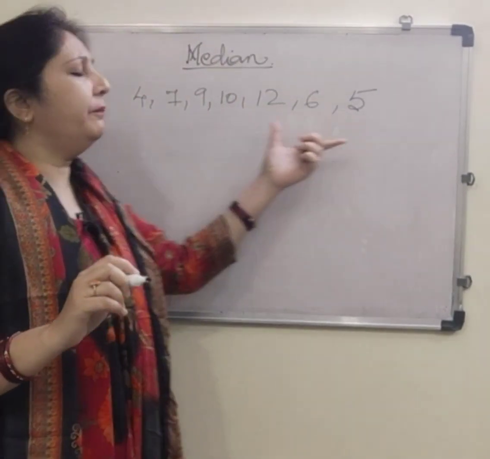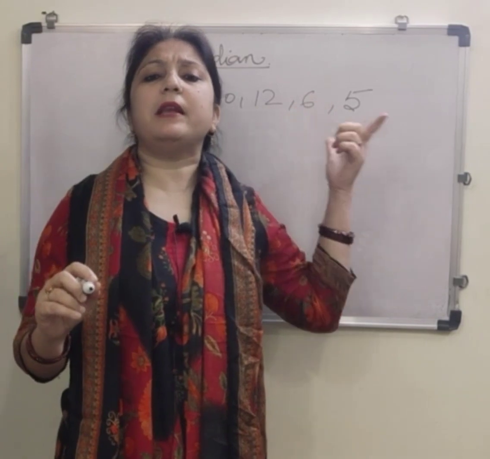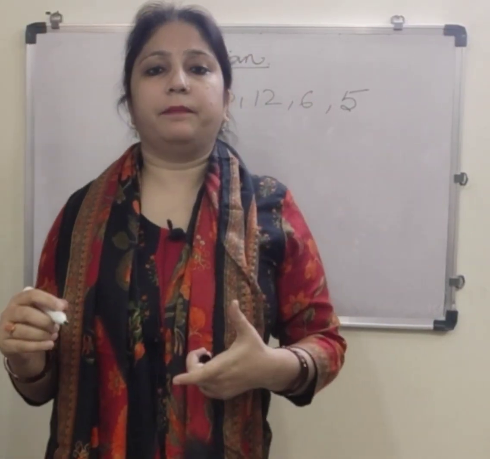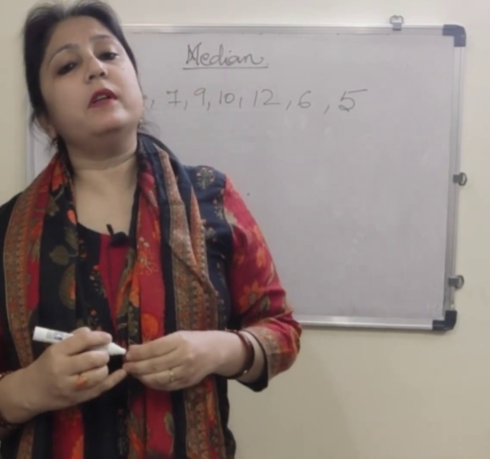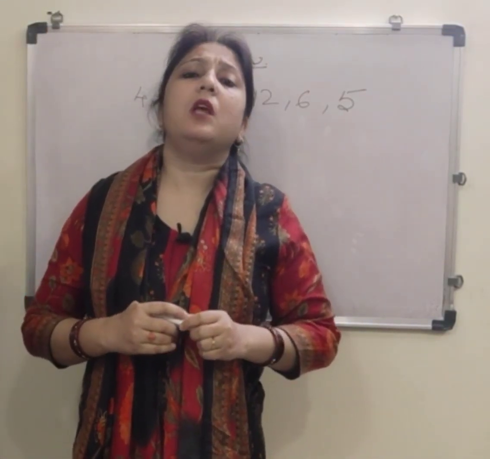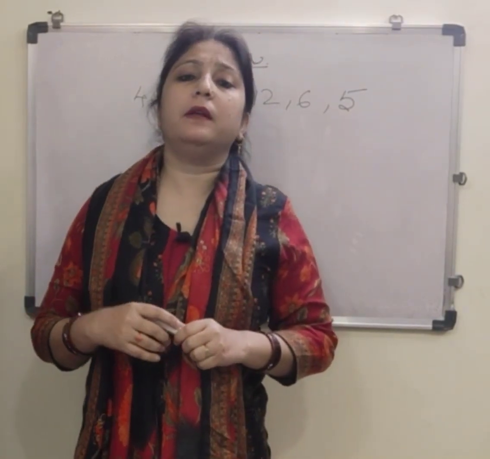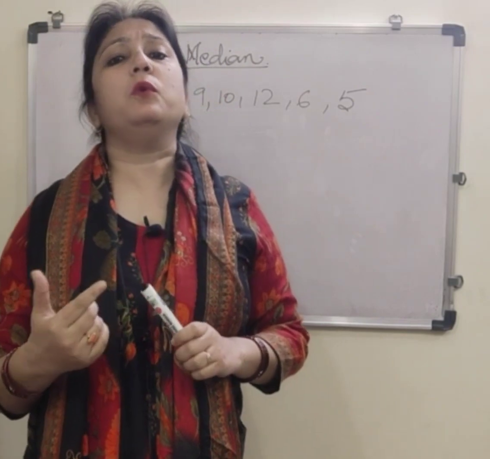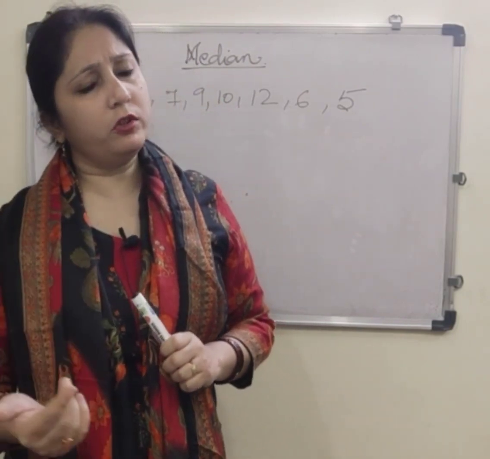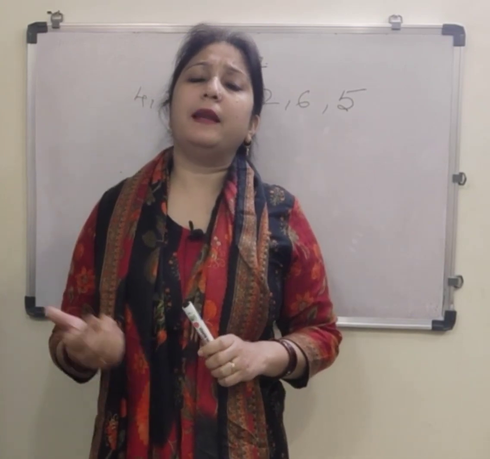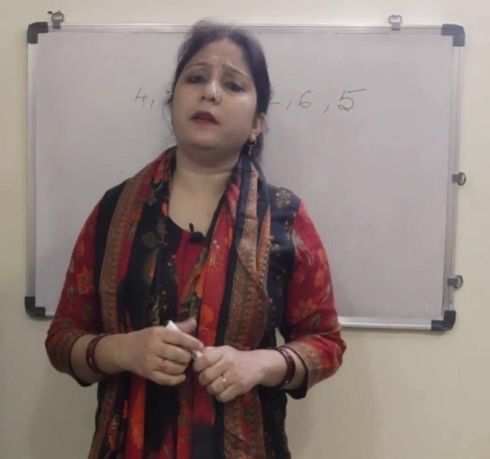Data given in this form is known as discrete data. Children, the first step towards learning median is, whatever discrete data is given to you, arrange it in ascending order, and then we will proceed to the next step.